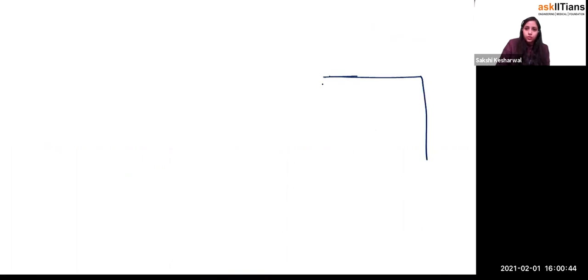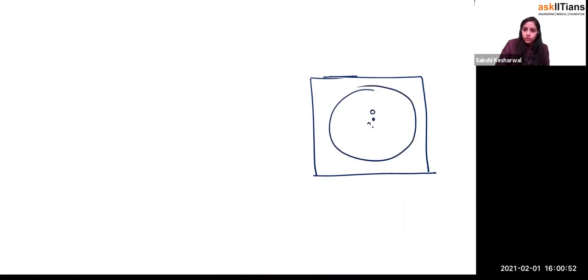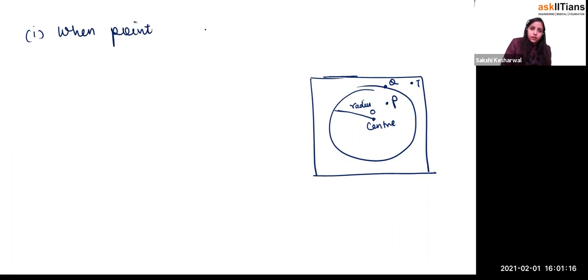Let us suppose you have a circle, right? This is a circle in the plane. This is a center O. This is a point P, this is your point Q, and this is your point T. And this one is your radius. So can I say that there are conditions when the point is in the interior of the circle.